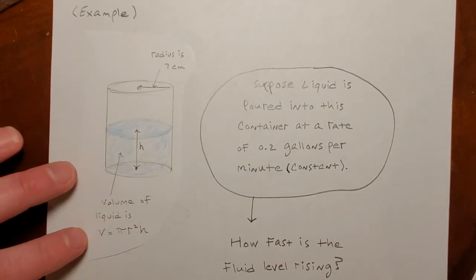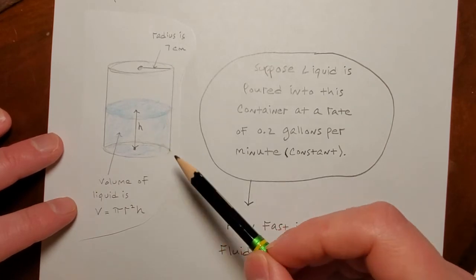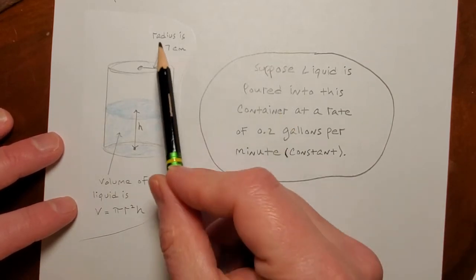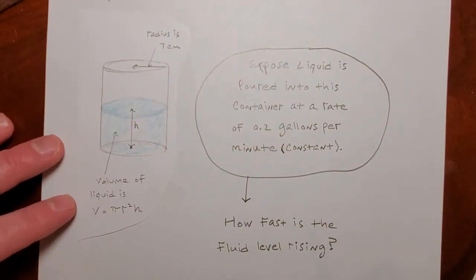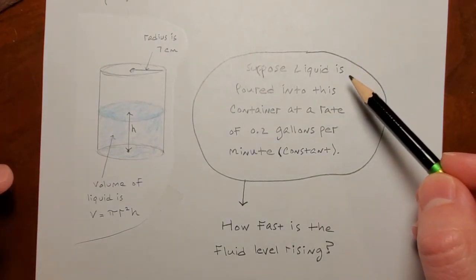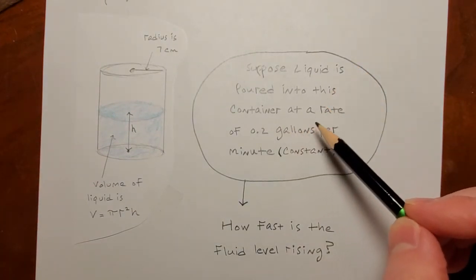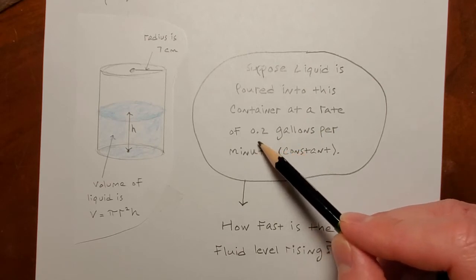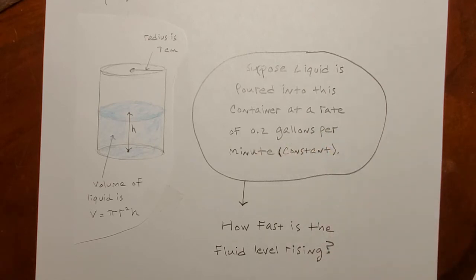Okay. So suppose we have this cylindrical container, and it happens to have a radius of 7 centimeters. And let's imagine that liquid is poured into it at a rate of 0.2 gallons per minute. So think about that.